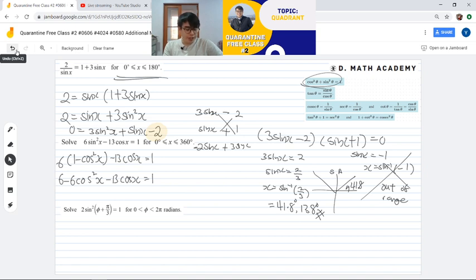Okay, rearrange them, then you will get 6 cosine square x plus 13 cosine x minus 5 equals to 0. So this part here is actually your basic algebra arrangement.